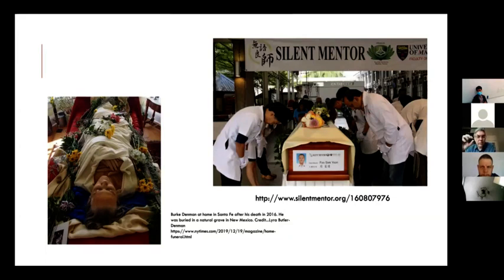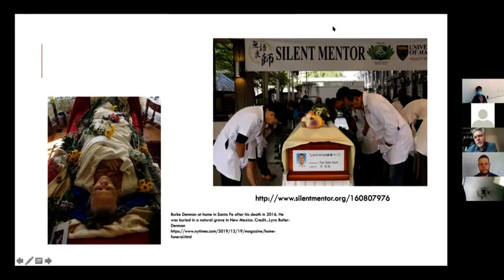So here we have a case where a dead body is treated as a person, and it's considered quite inappropriate and quite wrong to treat the body as an object. So actually there's a contradiction there when medical researchers treat the body as an object. And as you mentioned, there are practices that exist in order to, in a sense, continue to treat the body as a person to a certain degree.